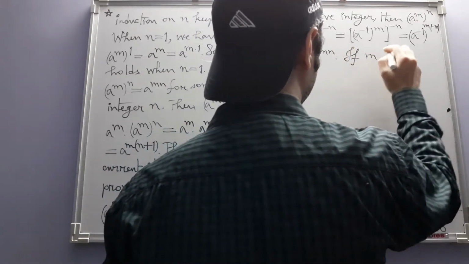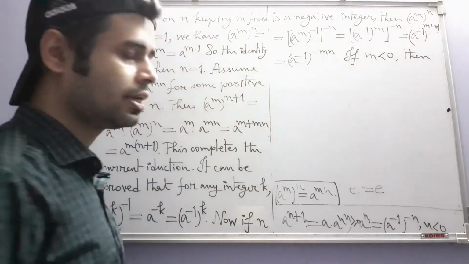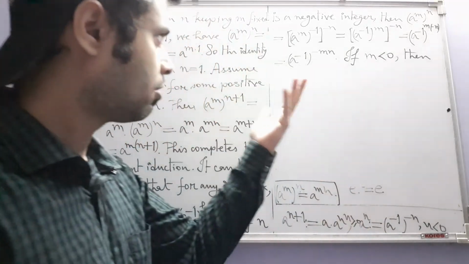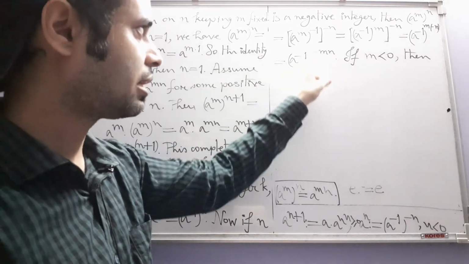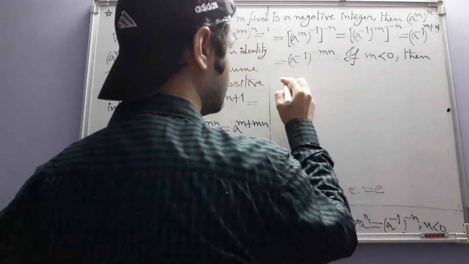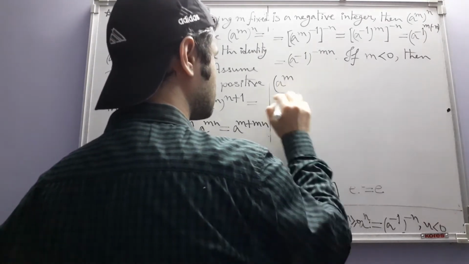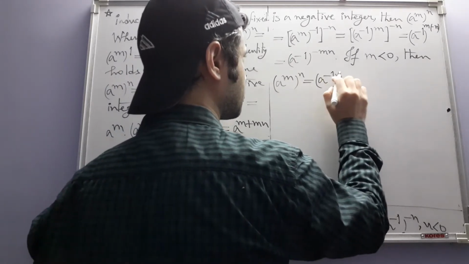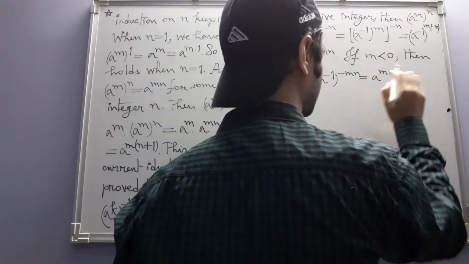If m is negative, then minus mn is positive, and we are here. In other words, if m is negative, then we have a inverse to the power a positive integer. So from this part of the definition, you have a to the power m whole to the power n equal to this.